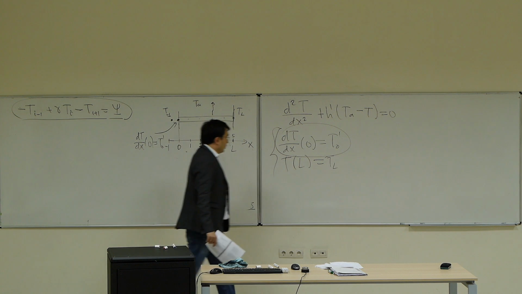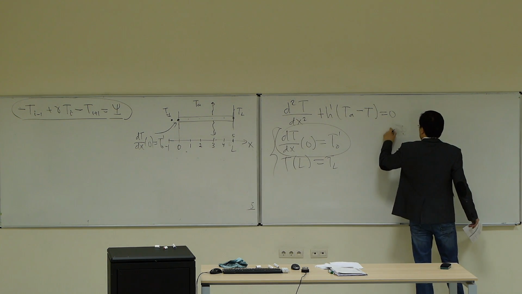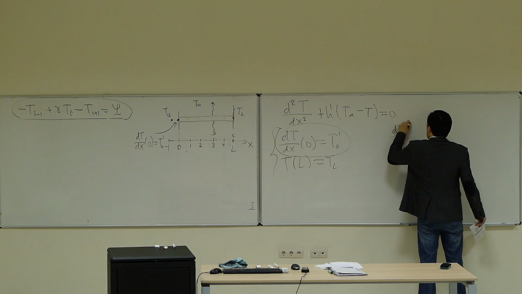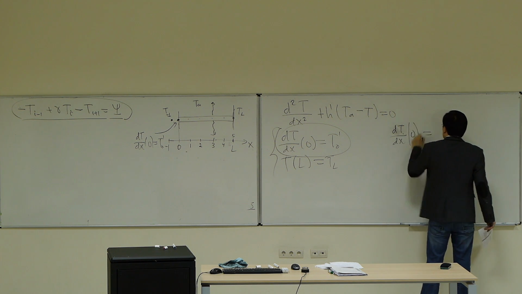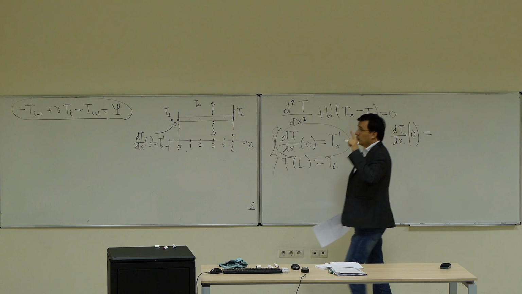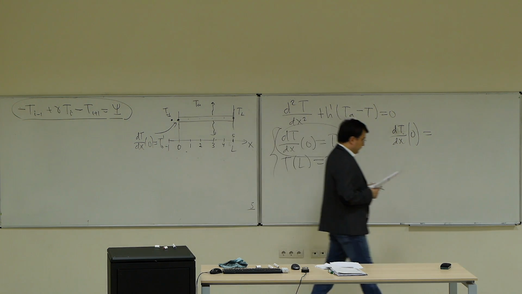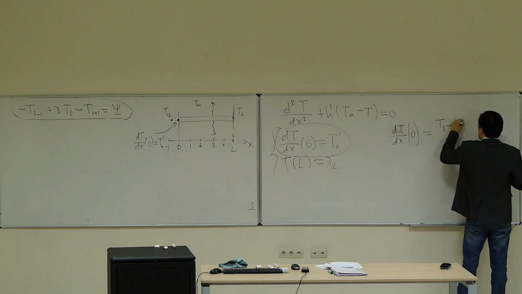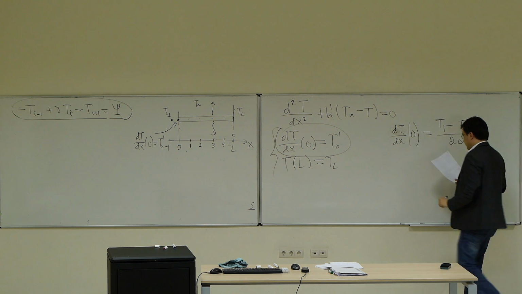Okay, so t0 prime, dt dx at point 0, is equal to, if I apply the centered formula for first order derivative, t1 minus t minus 1 divided by 2 delta x. From this I can find t minus 1.